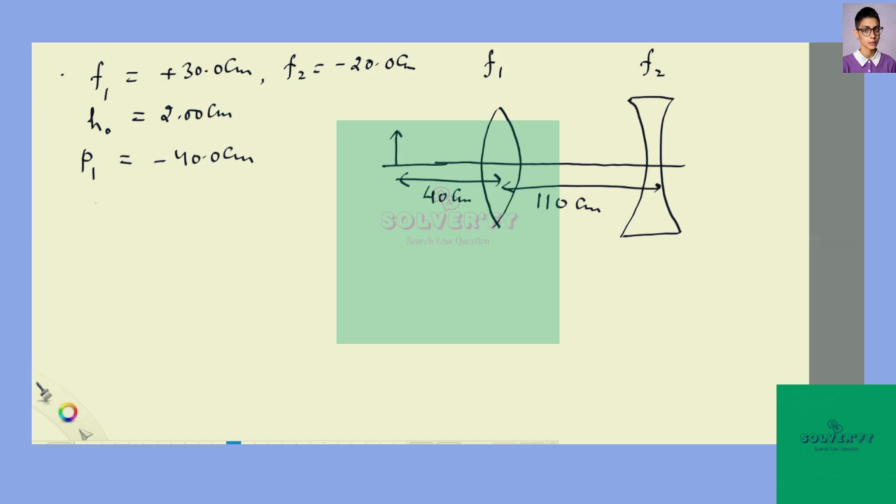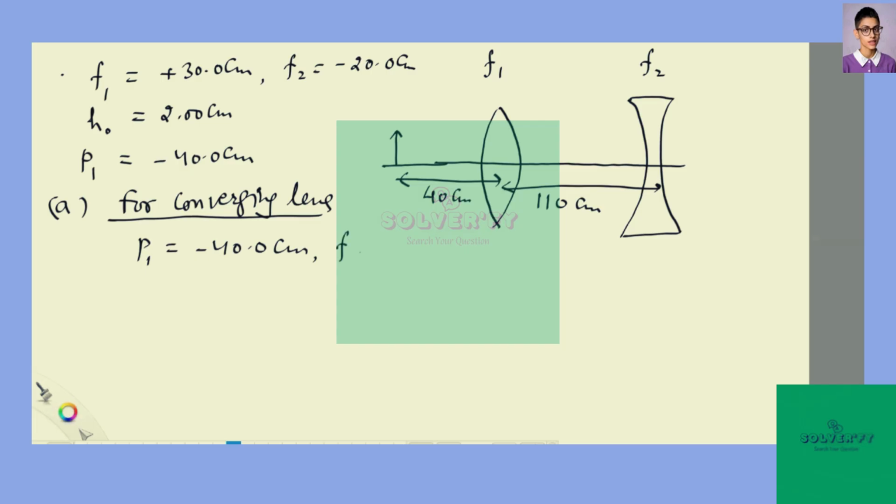Now first of all, to find the position of the final image, we first consider the converging lens. For the converging lens, the distance P1 is equal to minus 40.0 centimeter. The focal length F1 is plus 30.0 centimeter.